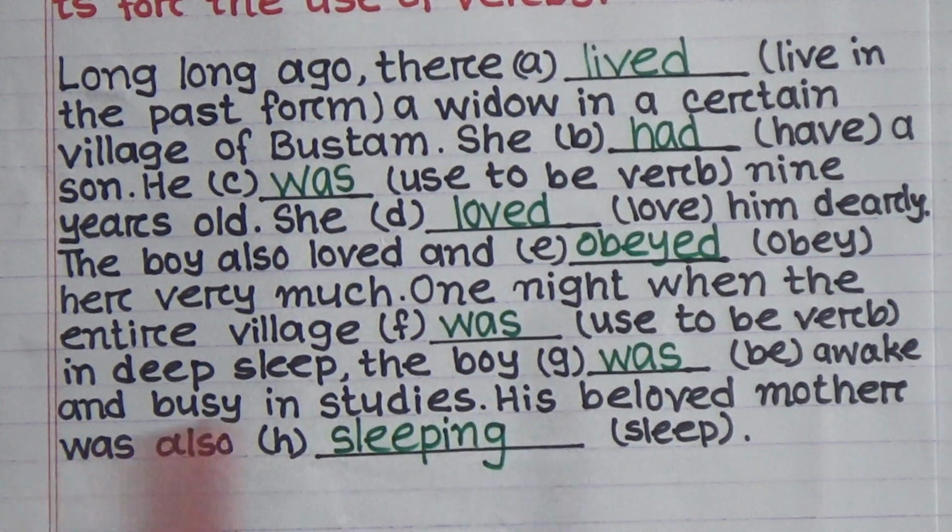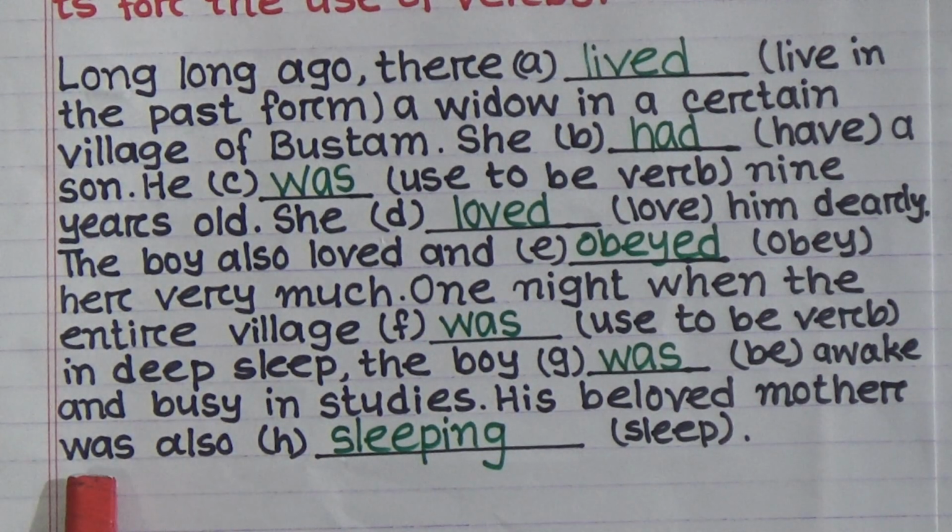His beloved mother was also sleeping. Students, I'm explaining again. We can't use here the past form of the verb sleep because it will be past continuous tense. We find the verb was here, that's why we have to use ing with the verb. Students, I hope you have understood the use of right form of verbs in the gaps.